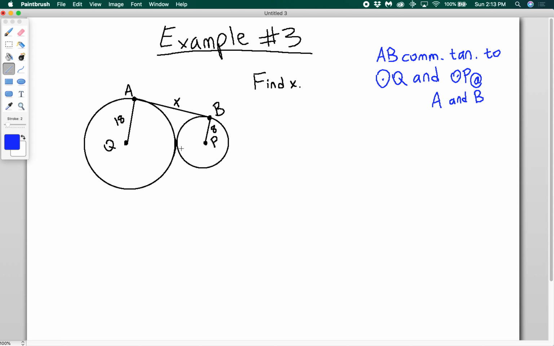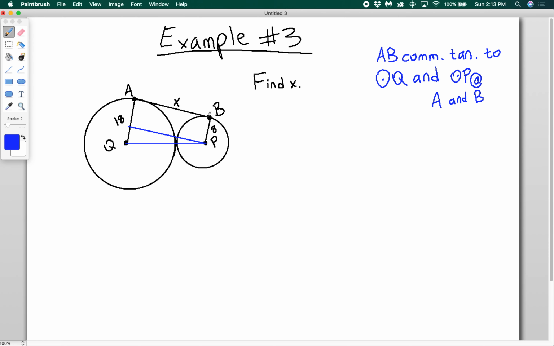So we're going to draw a rectangle that connects my center to this line segment and is parallel to my tangent line. And then I'm going to draw a triangle that closes off the rest of this here. Okay.